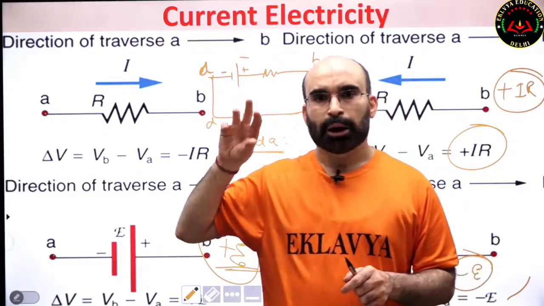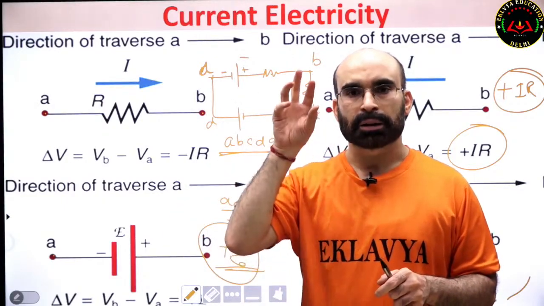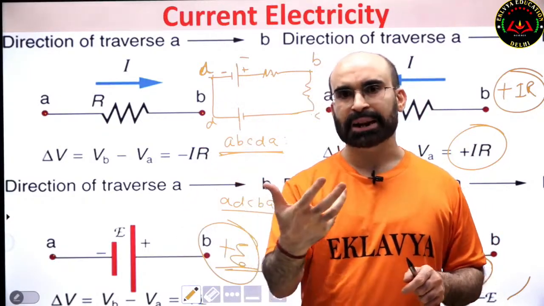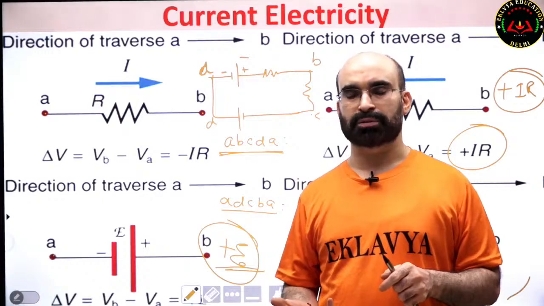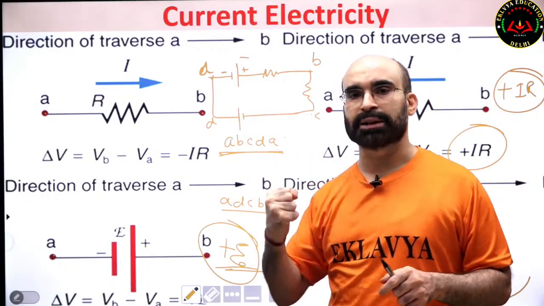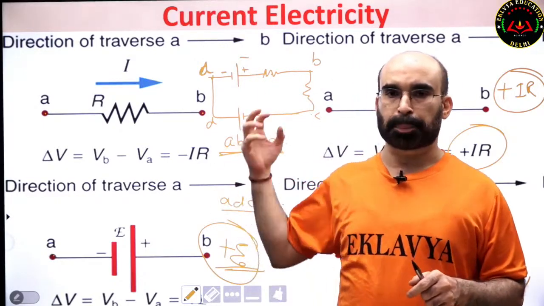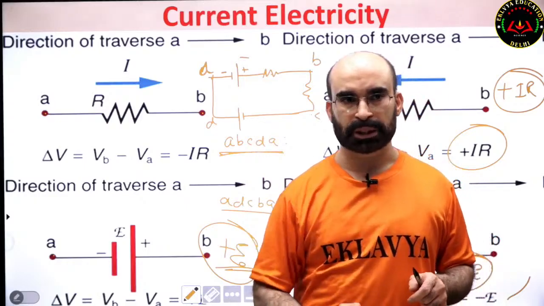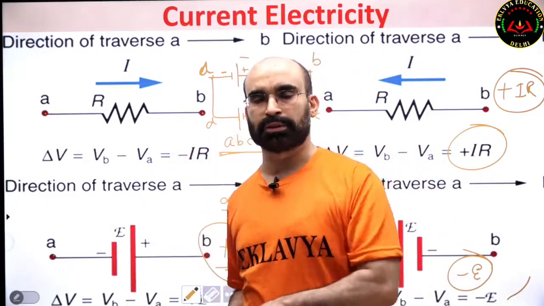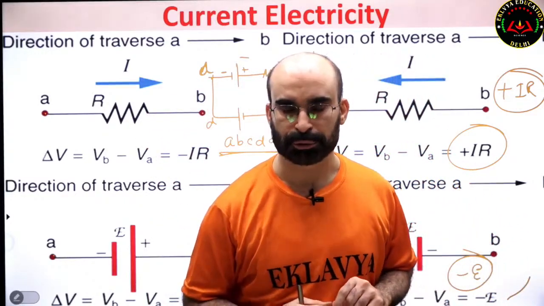So basically V, that is the IR term, is nothing but the energy per unit charge. So you can consider it in this manner as well: the cell is supplying the energy and resistors are consuming the energy. Energy supplied equals energy consumed inside the loop, that is what you need to take into account.